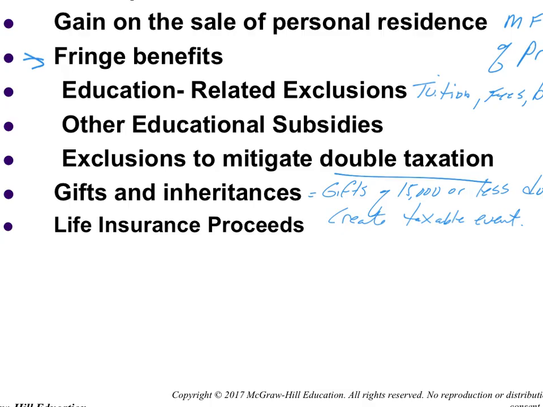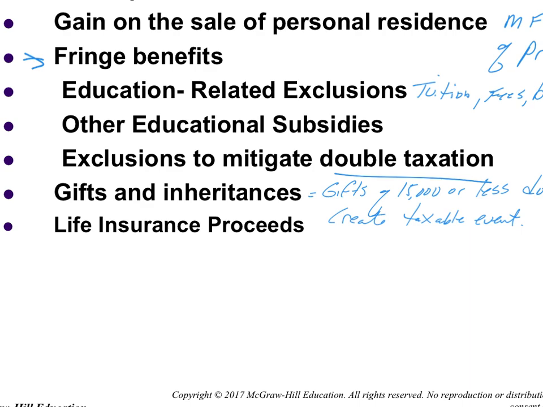Okay, so the whole point of this conversation is to let you know that if you receive a gift, that is not a taxable event to you. If you receive a prize or an award, that is a taxable event to you. If you receive a gift, that is not a taxable event to you. Who pays the gift tax?